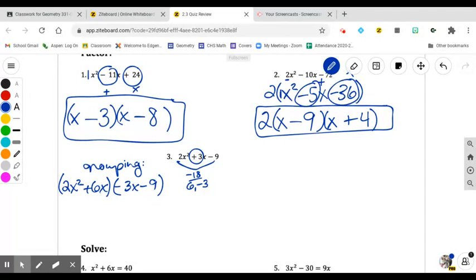The GCF for 2x squared and 6x is 2x, and so inside it would be x plus 3. And then for negative 3x and negative 9, since this is negative, we have to take out a negative 3 for the GCF, leaving x plus 3. Notice that x plus 3 and x plus 3 match, which is what we want. So the answer would be 2x minus 3 times x plus 3.